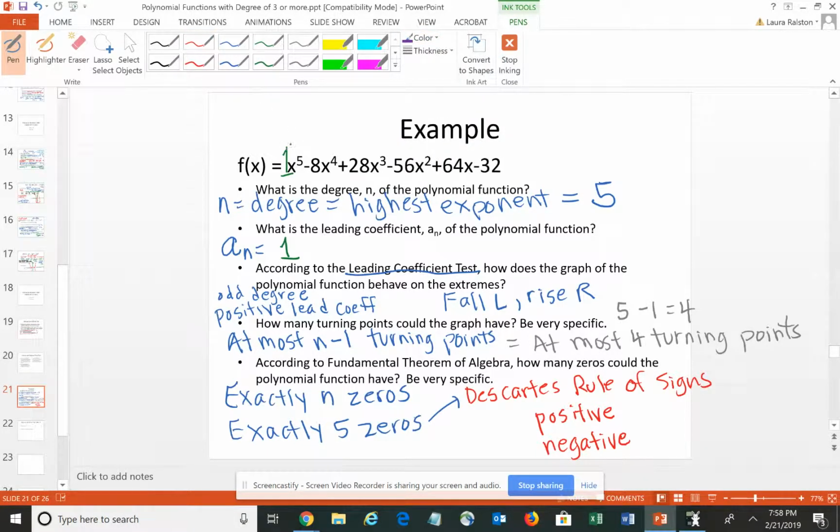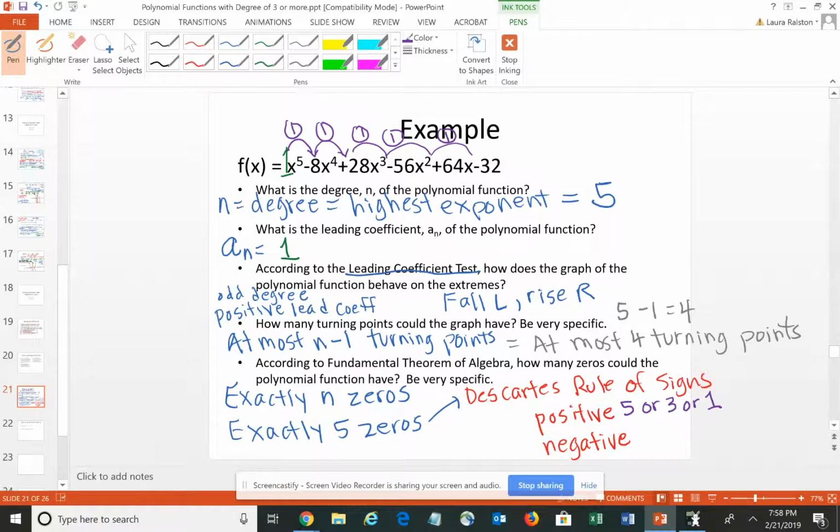We go from positive to negative. There's 1. Negative to positive. There's 1. Positive to negative. There's another one. Negative to positive. There's another one. Positive to negative. So it's possible that I could have 5 or 3 or 1 positive zero.